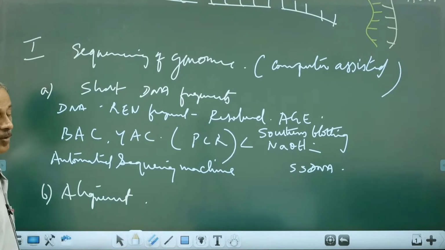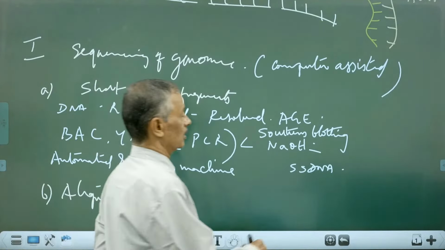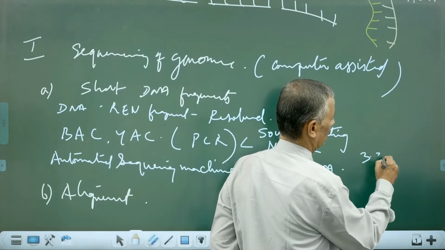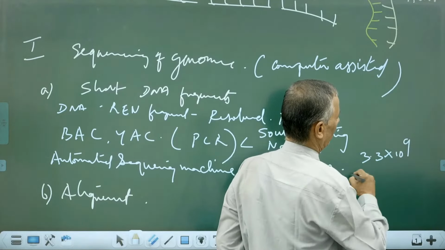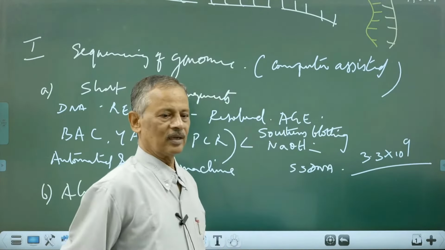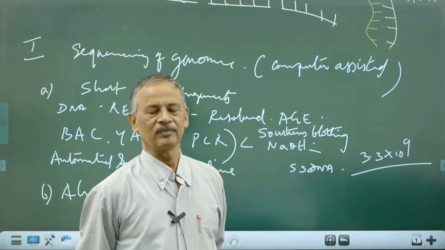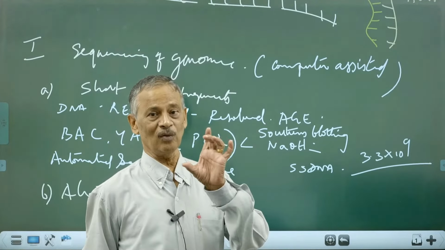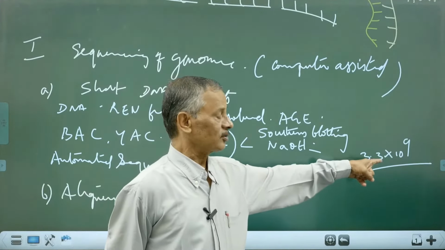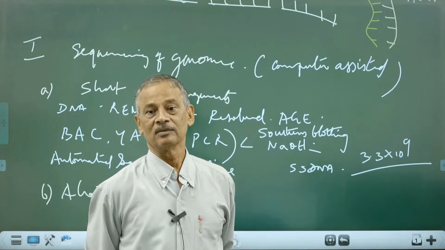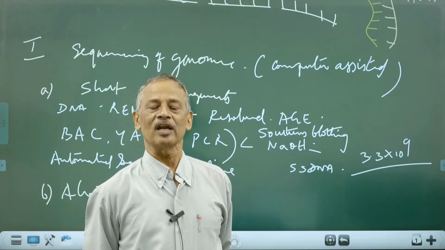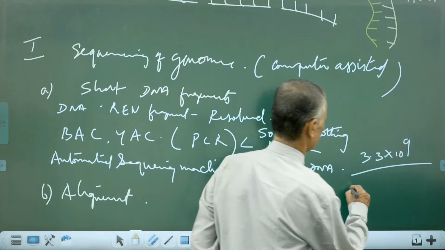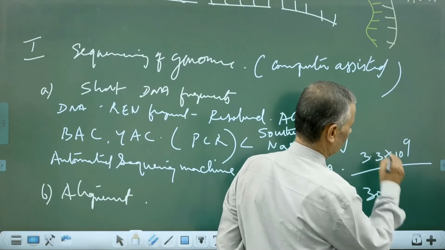Remember, suppose we were all writing all the nitrogen bases of the entire genome project. I told you we will be having 3.3 × 10^9 nitrogen bases. That was our estimate. That will require a total of 3,300 books.